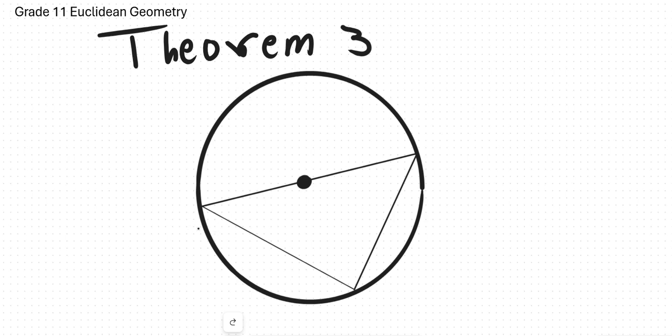Now this theorem simply states that if we have a diameter, the diameter should subtend 90 degrees. So what do we mean by that?